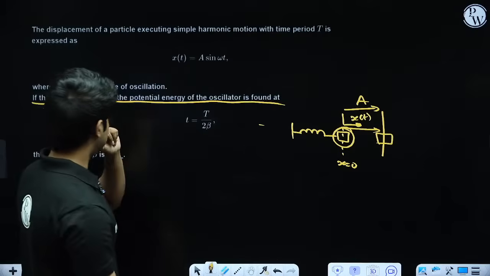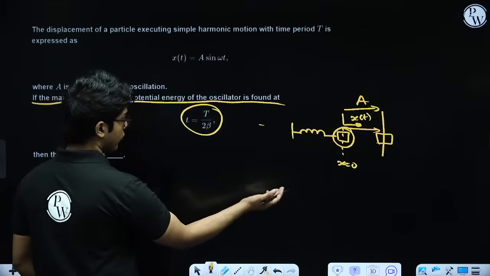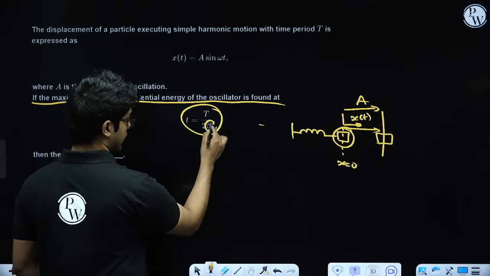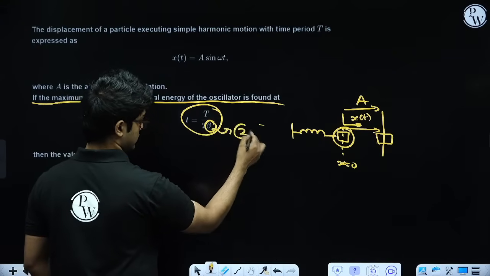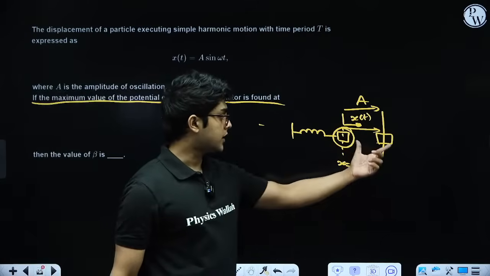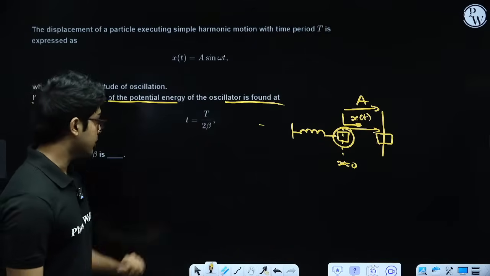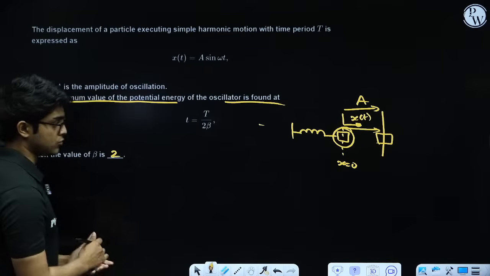So when is the spring maximally elongated? At T by 4, so we can say beta will be 2. Okay, so the value of beta is 2.